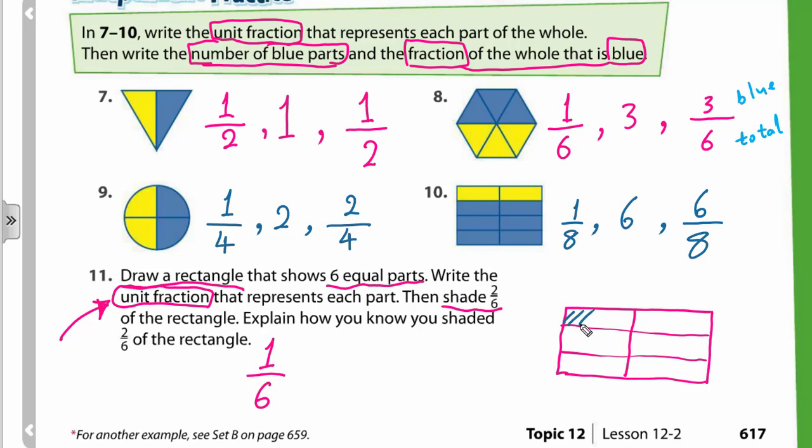Yes. Okay, let's shade 2. 1 and 2. You can do this any other way, of course, but I will do it like this. And now we need to explain why this is 2 sectors. Why the shaded part is 2 sectors.